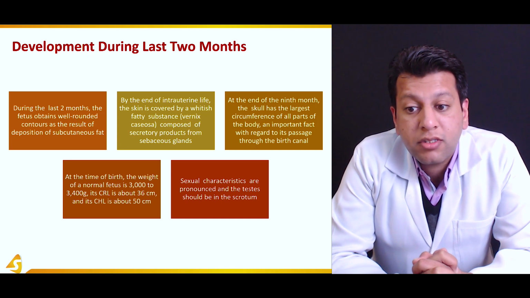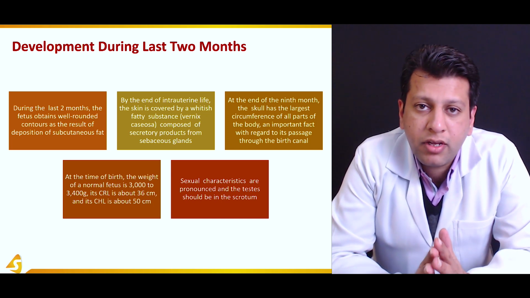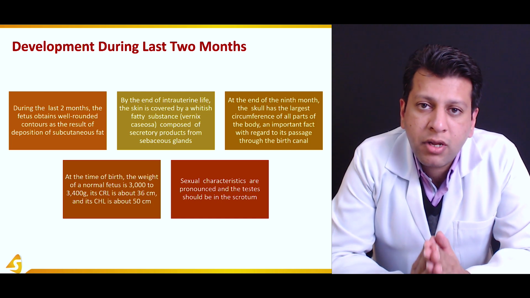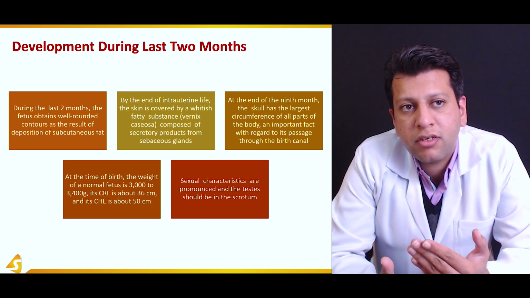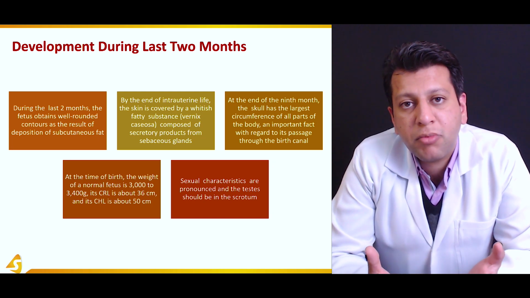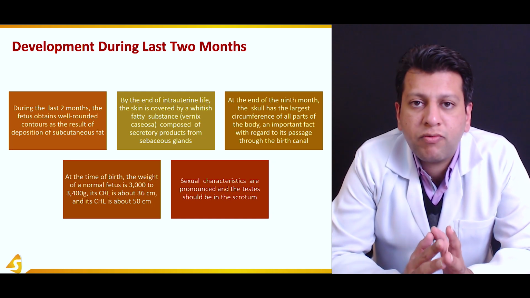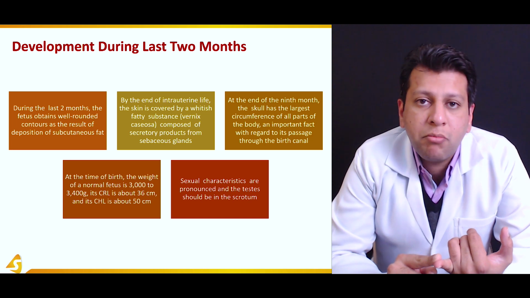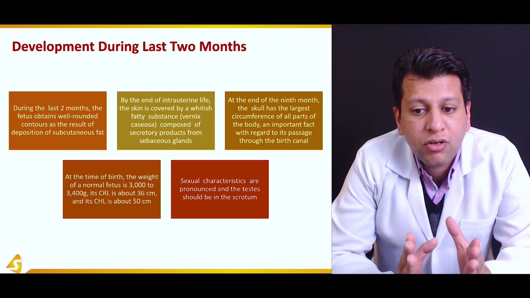At the end of the 9th month, the skull has the largest circumference of all parts of the body, an important fact with regard to its passage through the birth canal. Now, coming to normal birth, in a simple vaginal delivery, different factors play different roles. Any disease affecting the skull of the baby, for example cerebrospinal fluid accumulation or hydrocephalus, in which the head size is much larger than normal, or anything which reduces the volume of the birth canal, for example if the pelvic geometry of the mother is such that the pelvis is very short and small, would affect normal vaginal delivery.